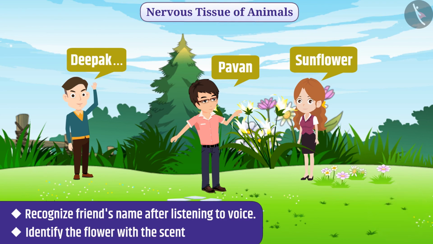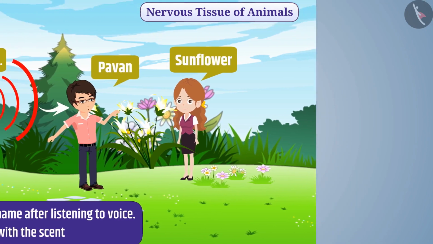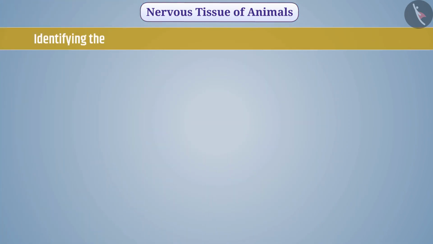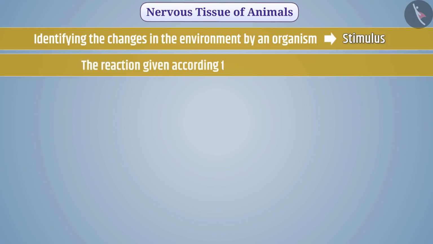Let me tell you. We identify the changes occurring around us, and on the basis of these changes, we give reactions. Identifying the changes in the environment by an organism is called stimulus, and the reaction given according to the change is called response.